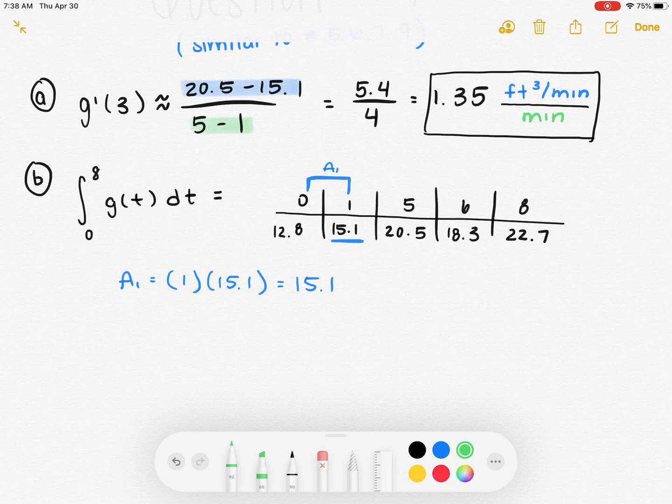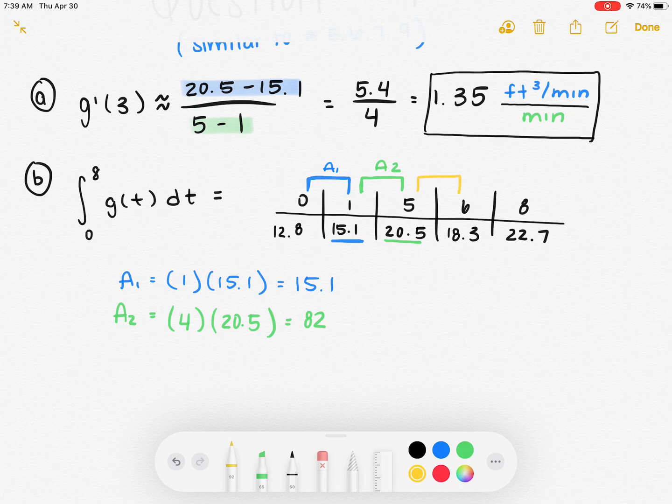My second rectangle will go between 1 and 5. So my second area will have a base of 4, because 1 and 5 are 4 apart, and a height of 20.5, and when I multiply those, 4 times 20.5, I get 82.